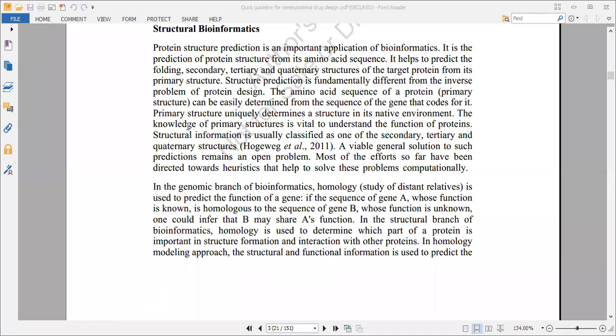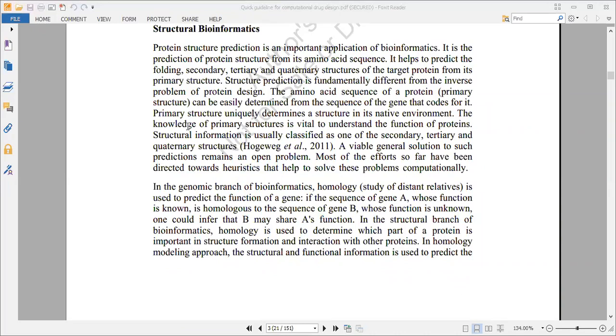Structural bioinformatics: protein structure prediction is an important application of bioinformatics. It is the prediction of protein structure from the amino acid sequence. It helps to predict the folding, secondary, tertiary, and quaternary structures of the target protein from its primary structure. Structure prediction is fundamentally different from the inverse problem of protein design. The amino acid sequence of a protein's primary structure can be easily determined from the sequence of the gene that codes for it. The primary structure uniquely determines a structure in its native environment.